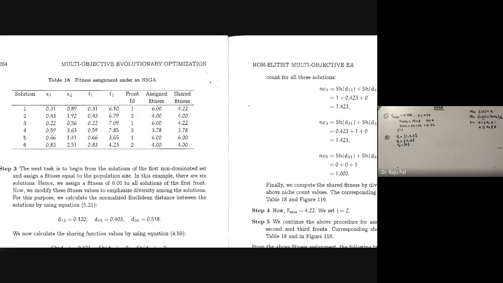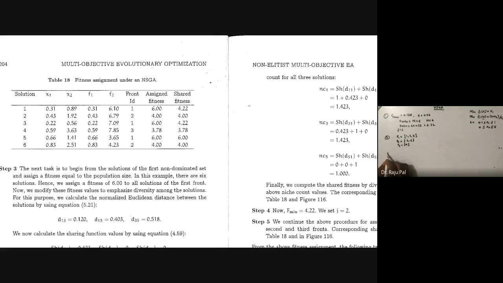Once we have the fitness values, we can divide the population into different fronts. Any question? So in step 2, the population is divided into 3 fronts in this example.